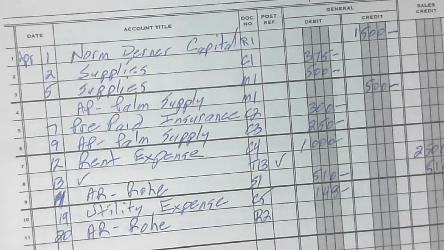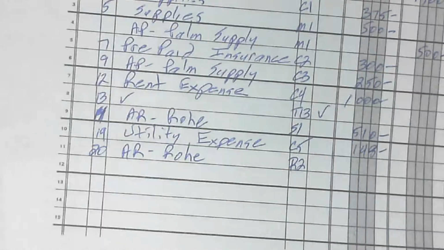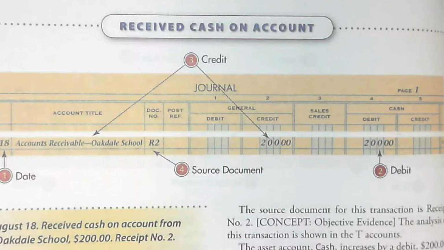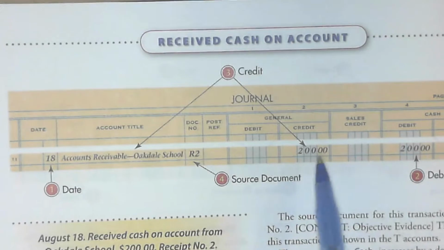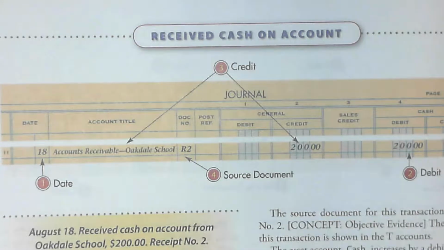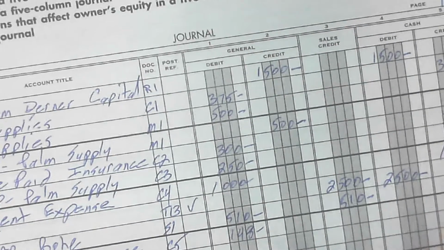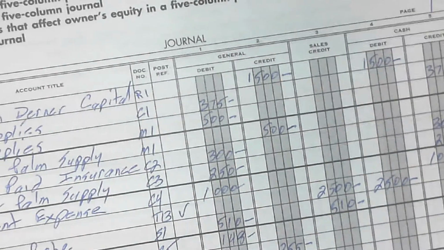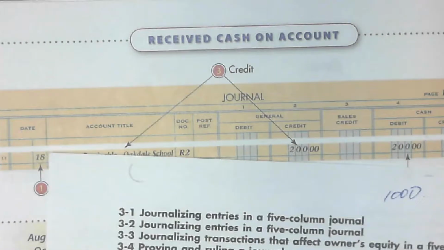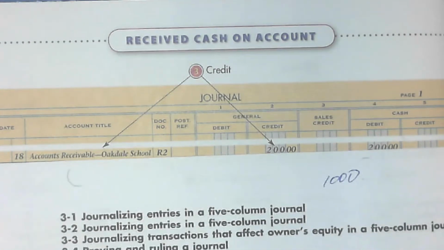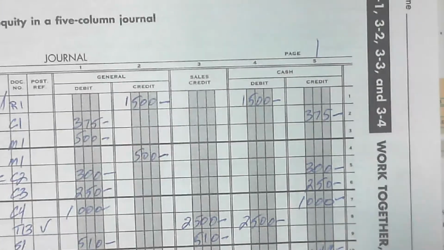R2. It's 255. So now we're going to have a general credit entry of 255. Then we're going to have a cash debit of $255.